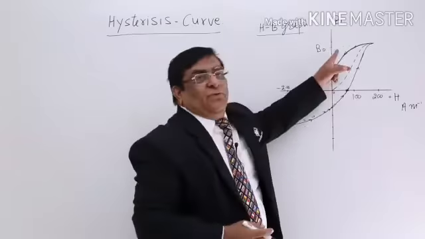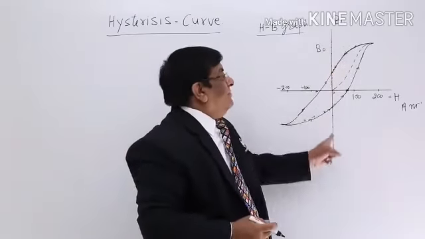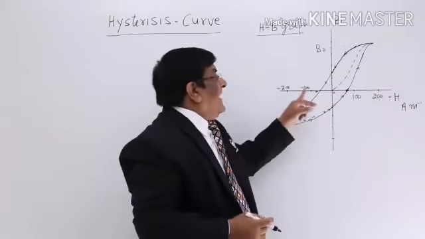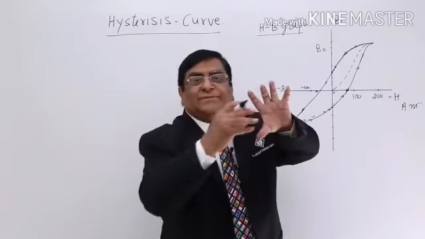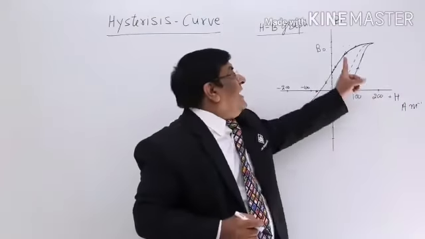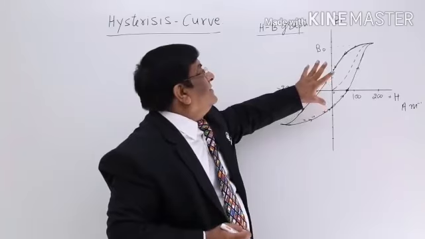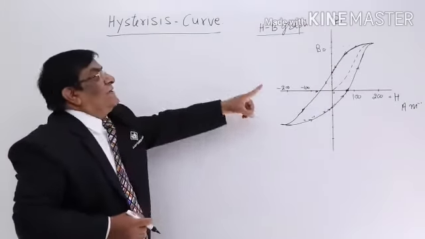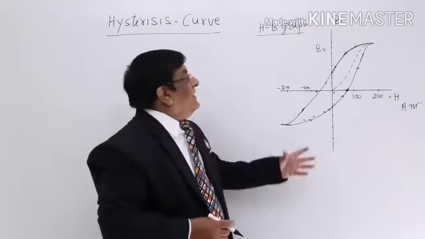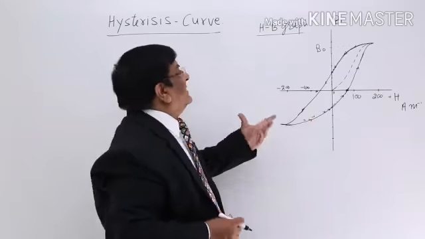So this process goes on within the ferromagnetic material, and this is H, the magnetizing force we are applying in the solenoid. So H and B. This graph or this curve is known as the hysteresis curve. So in this hysteresis curve, what is happening?